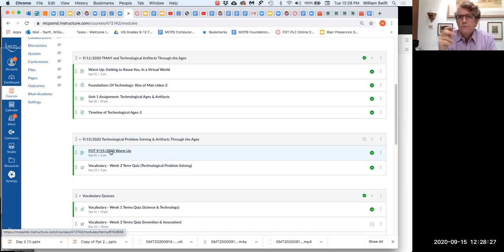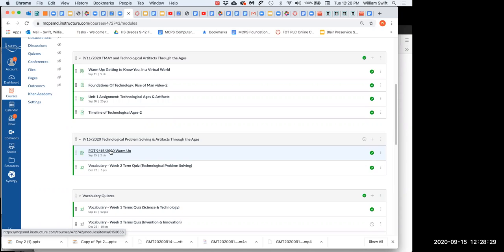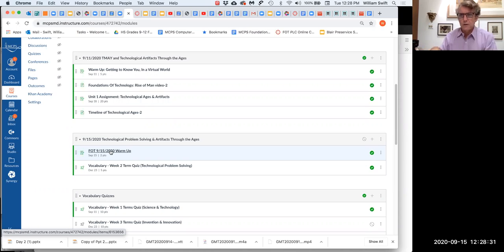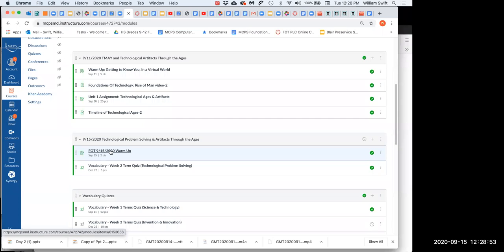The idea is you're going to curate a museum exhibit of technology through the ages. You need to create a slideshow with your name on it, and then one card for each one of the ages and one device or a piece of technology that you think is interesting. I'll go through it in more detail, but that's what we're basically doing.